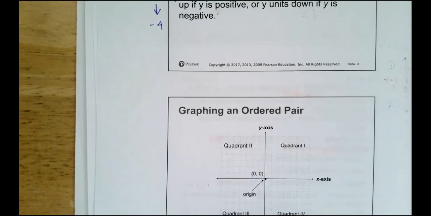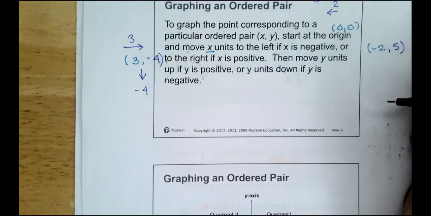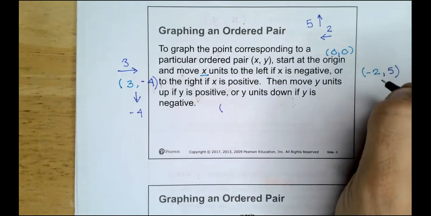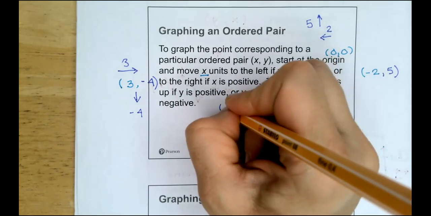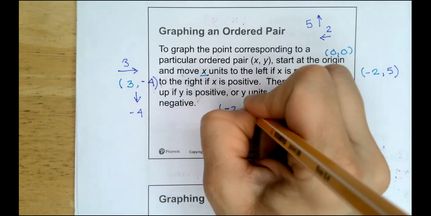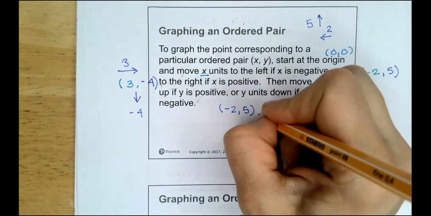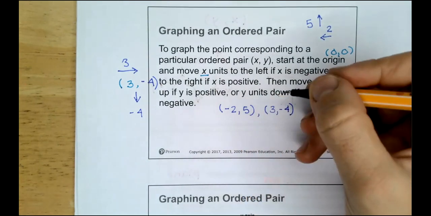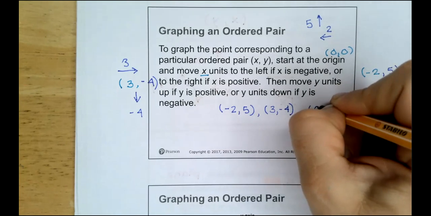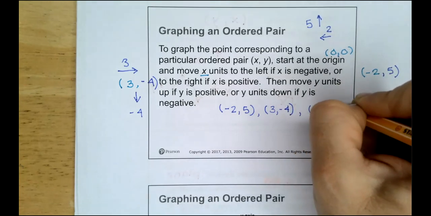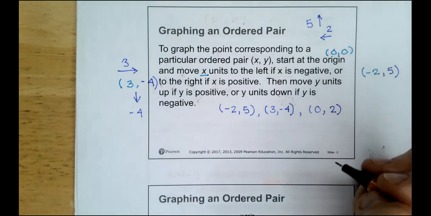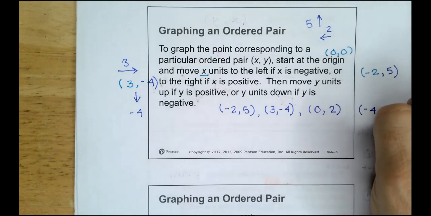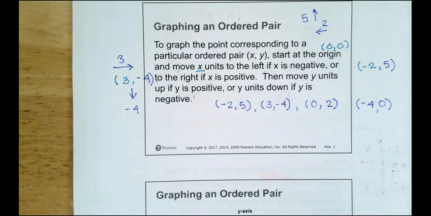So, when we are graphing an ordered pair, let's just pick some points, okay? If I had the points (-2, 5), (3, -4), (0, 2), and (-4, 0), okay?